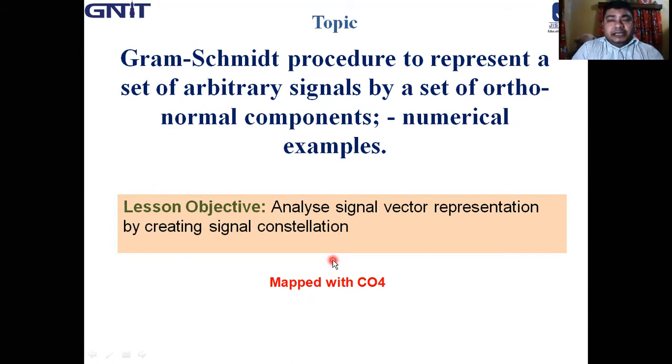What are the conditions required for basis functions? That is orthogonality, orthonormality. So today, let us start lecture number 2 from the signal vector representation.